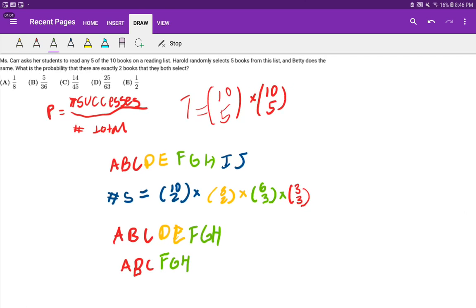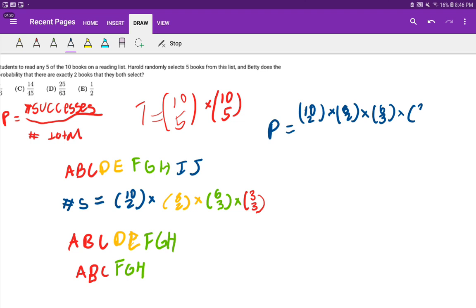So now we know that the total probability is equal to 10 choose 2 times 8 choose 2 times 6 choose 3 times 3 choose 3, divided by 10 choose 5 squared.